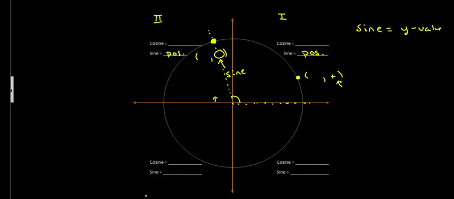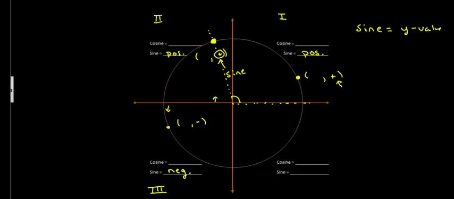But what about down in quadrant 3? Well, in quadrant 3, if you pick a point, you'll notice that its y value is negative. Let's put a plus up here. So since we're heading down, the y value is negative, and so sine is negative in quadrant 3.